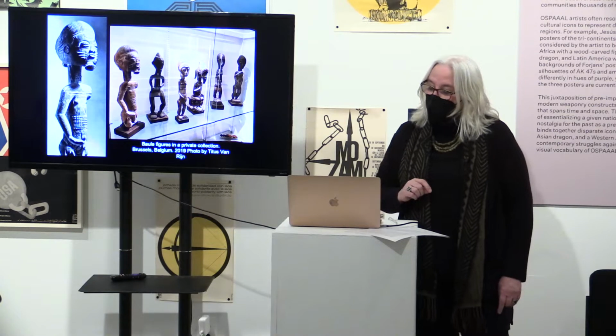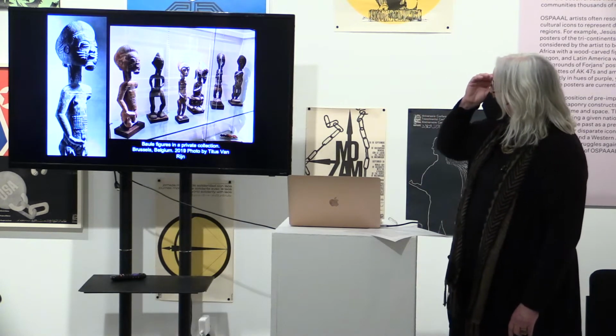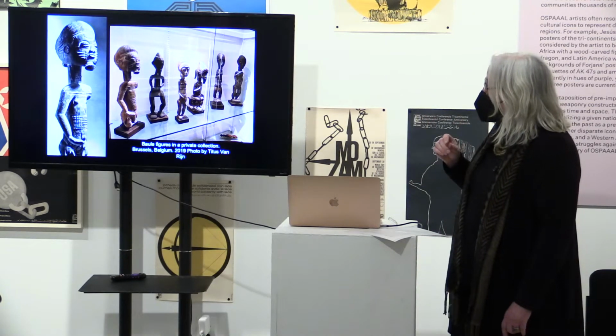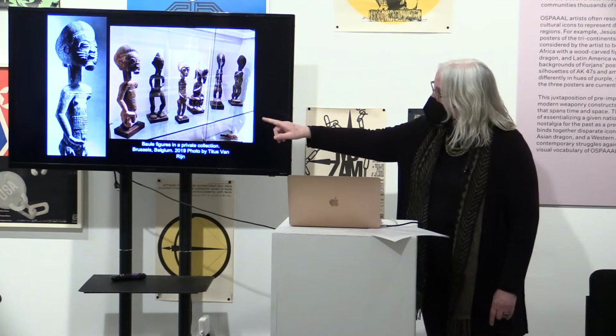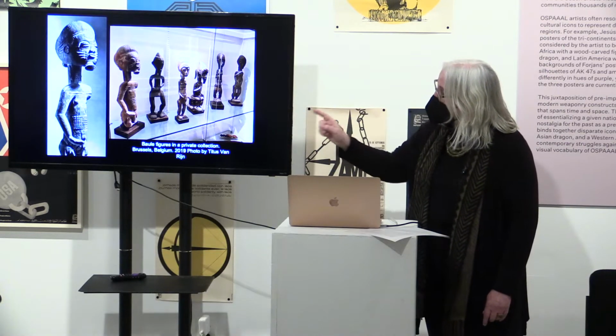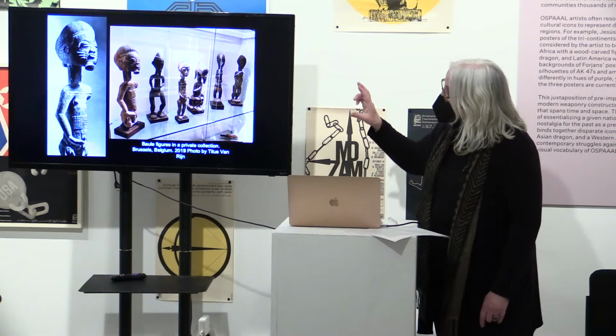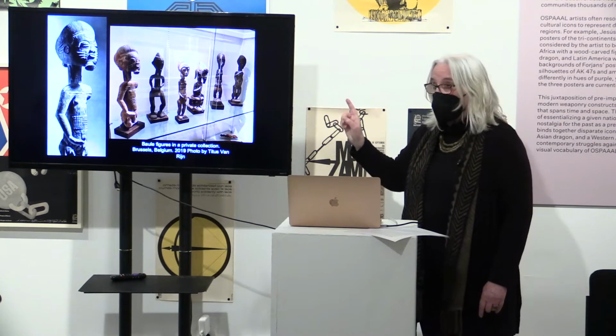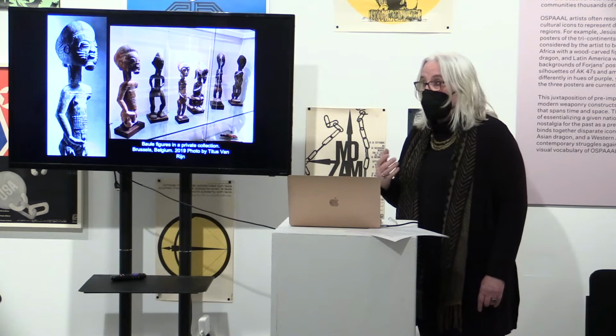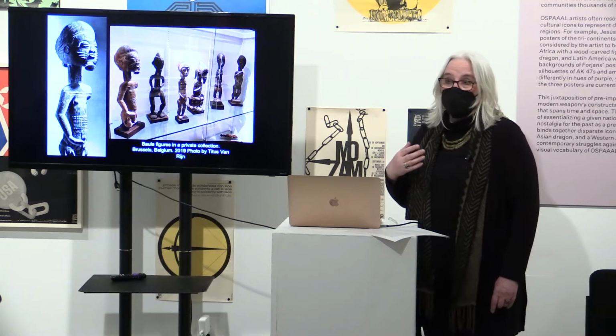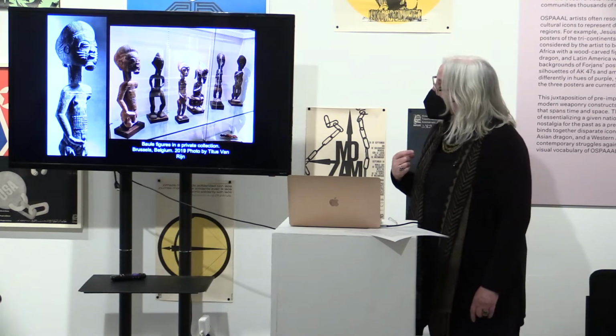Well, then I found this image, and you can see on the far left in this glass case is that same figure. And it's much larger than these other figures. The spirit spouse figures tend to be about 10 to 12, maybe 15 inches high.